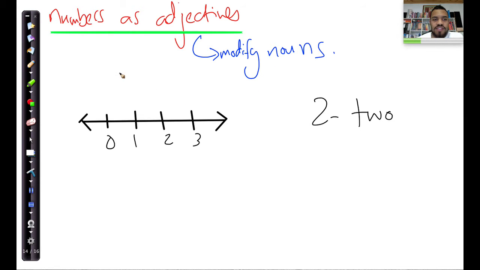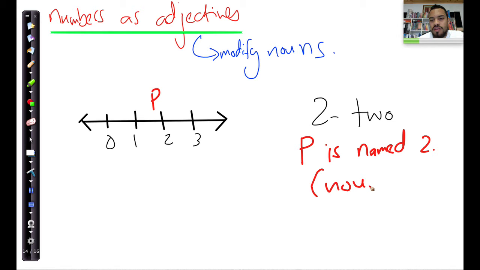So let's, for example, put a point here and call this point P. I'm going to put a P over there, and that's my P, right? That is the point P. Now what I'm going to do with the point P over there is I could say, well, P is named 2, or the point 2 is named P. Either way, this is giving us an example of where 2 is used as a noun.